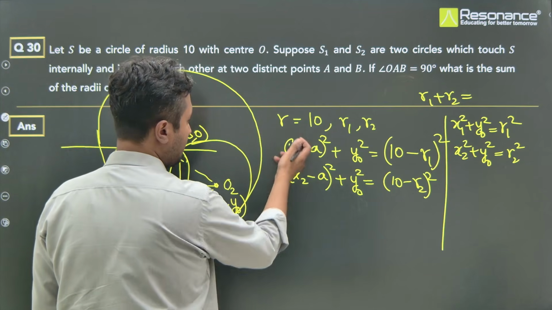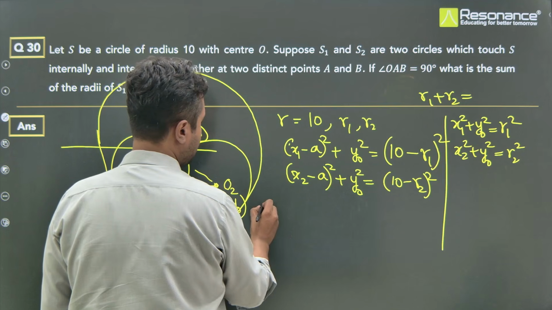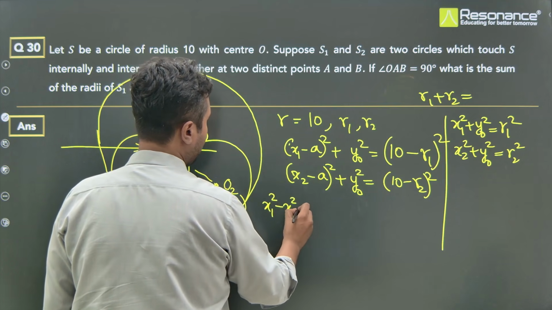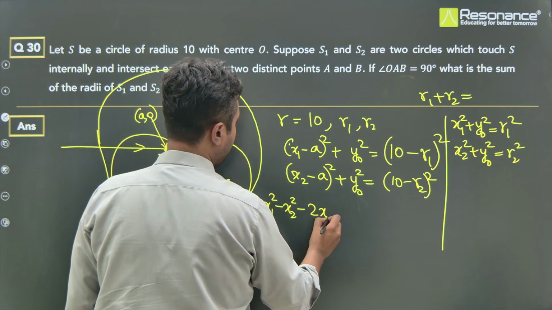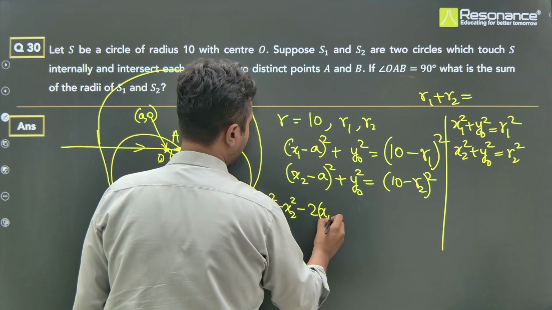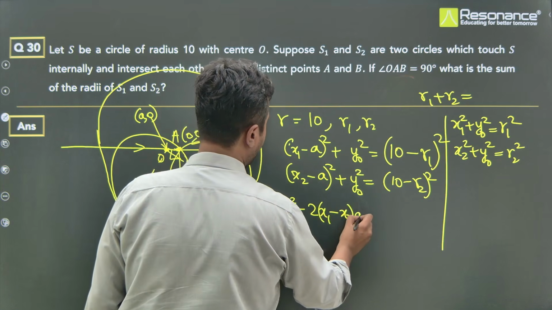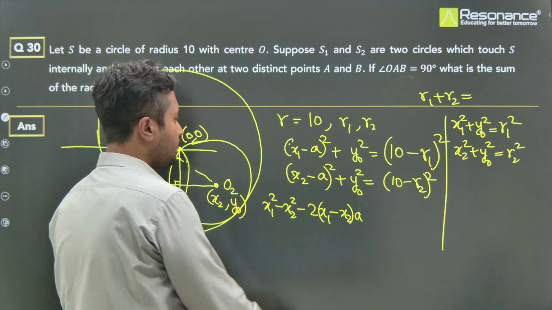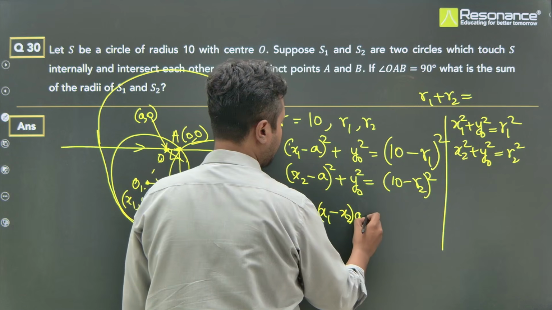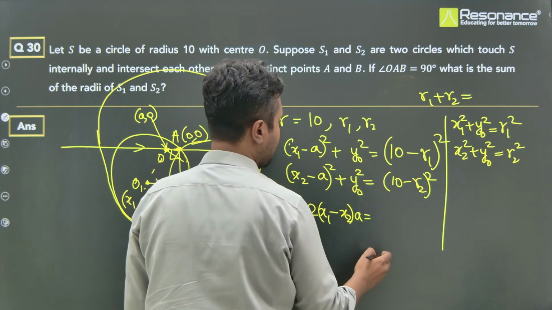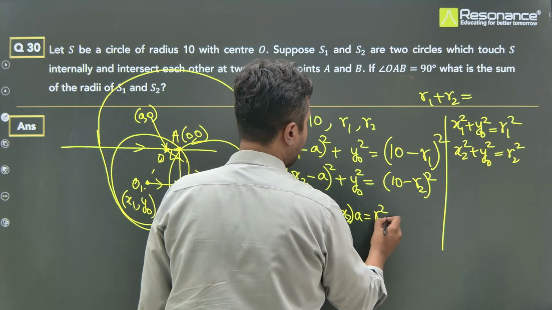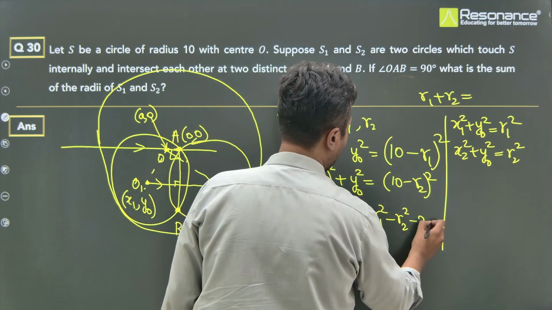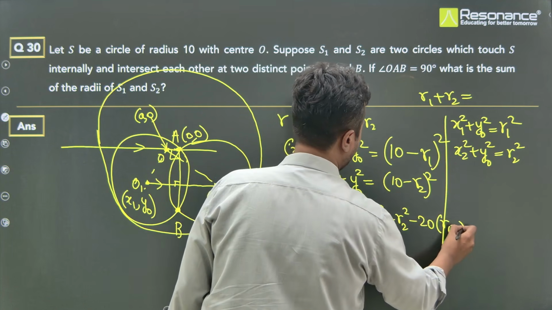So if I subtract these two first, I'll have x1 square minus x2 square minus 2 times x1 minus x2 into a. The a square term gets cancelled, plus y0 square also is cancelled, and over here the 100 is cancelled. You will have r1 square minus r2 square minus 20 times r1 minus r2.